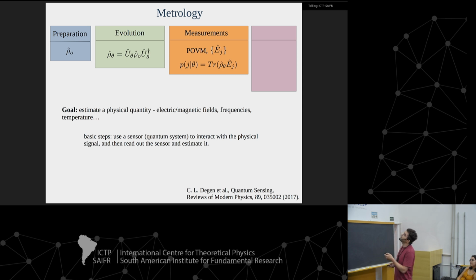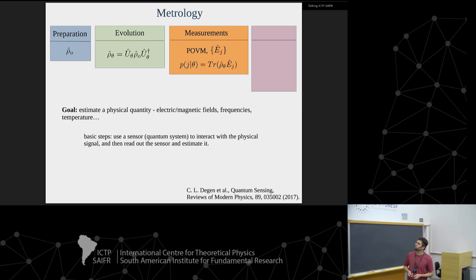That is, you have a set of operators, such as the Kraus operators, which are one class of POVM measurements, such that when we take the trace of my density matrix with this set of operators, it gives me the probability of each outcome being detected, given that theta was the information encoded in my density matrix. So this is what we can do in the lab or in experimental settings.